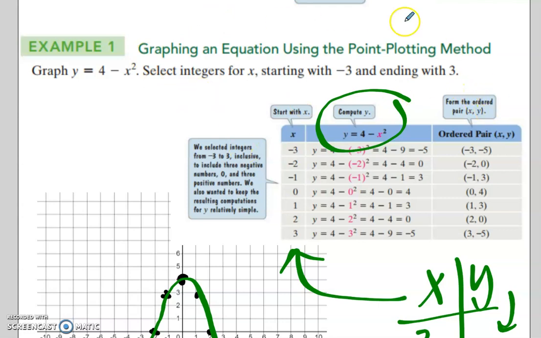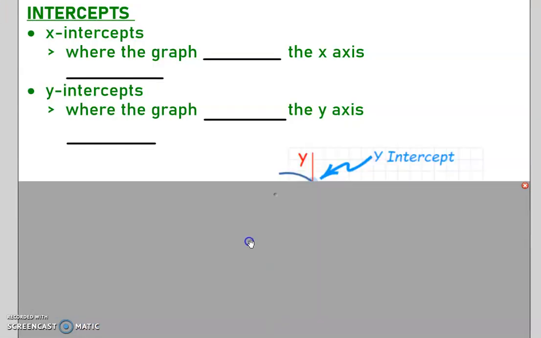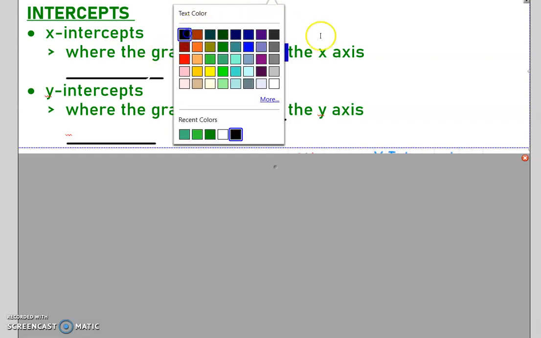Okay, another thing we're going to talk about in this first section, 1.1, is intercepts. What are intercepts on a graph? Let's focus on some definitions to start. For the x-intercept, hopefully we think that intercept sounds a lot like intersect.